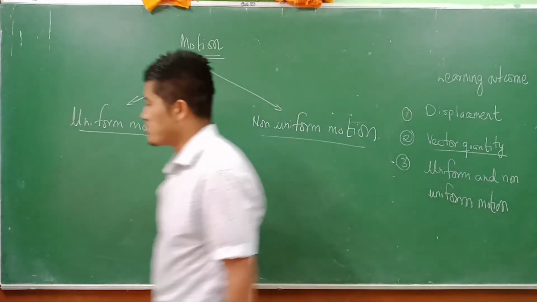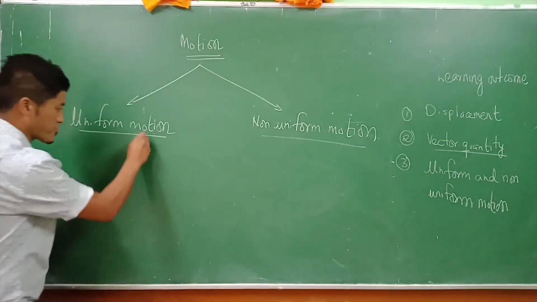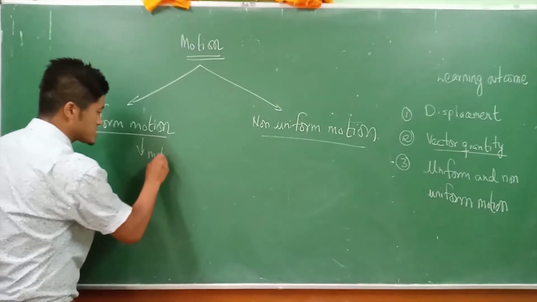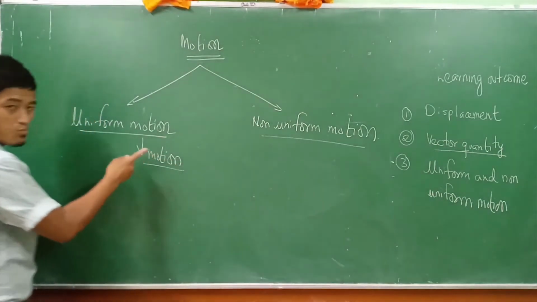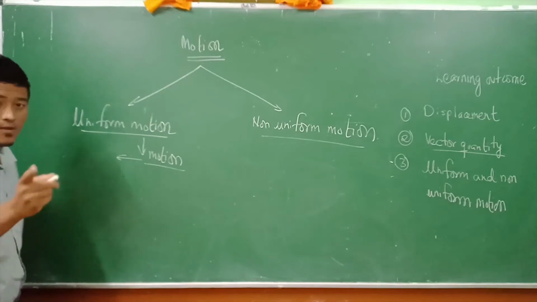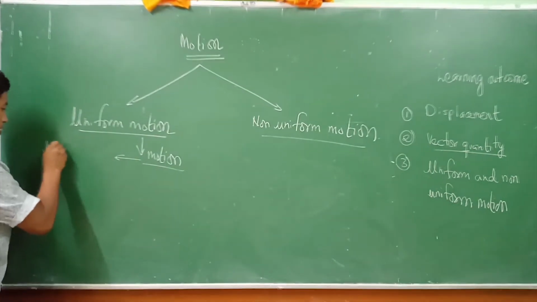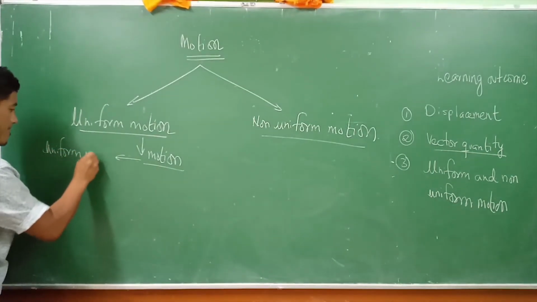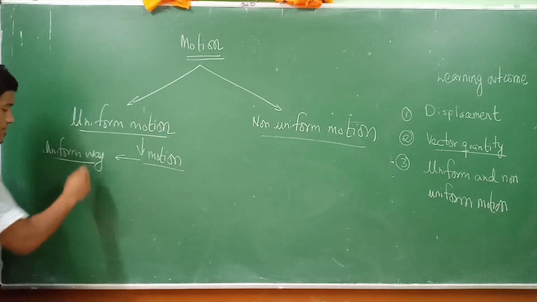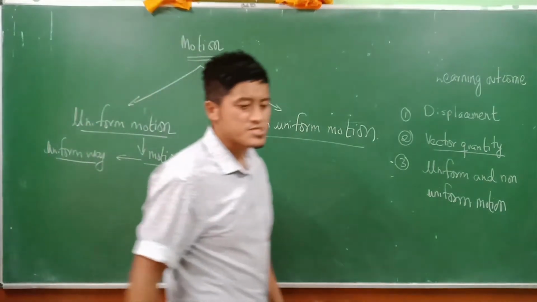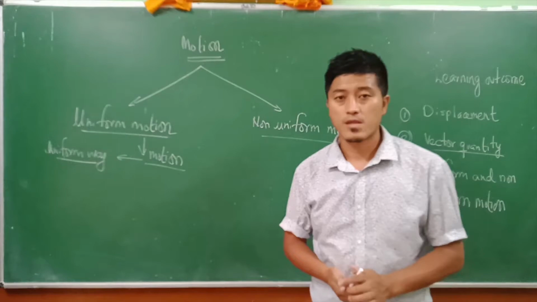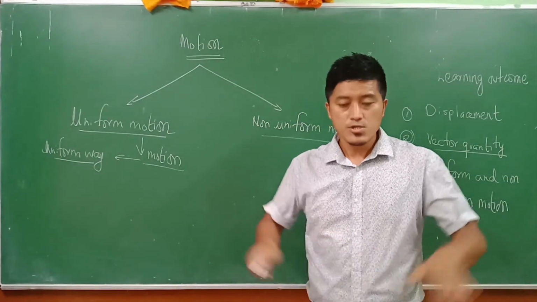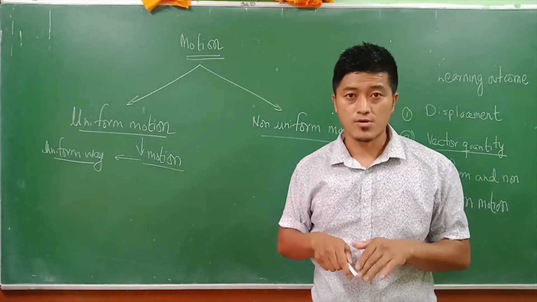So now what is uniform motion? Uniform motion is a motion per se. It's important for us to know that it's a motion, and this motion should be in a very uniform way. Right? For example, students were asked to wear uniforms. Why uniform? To have a similar kind of outlook, right?